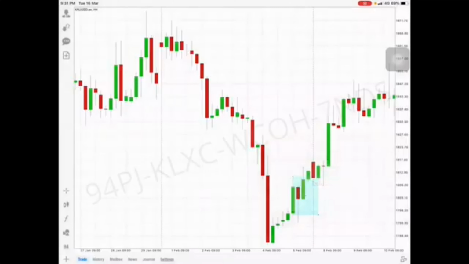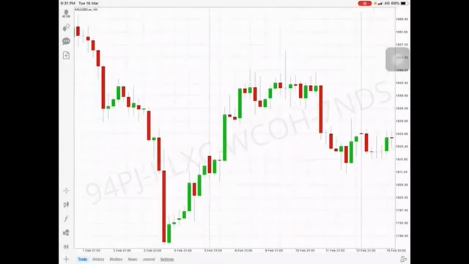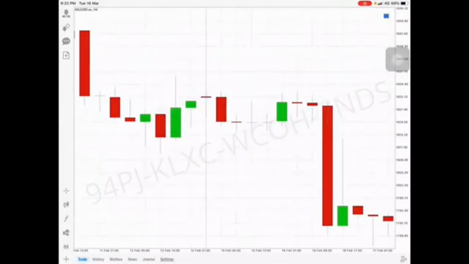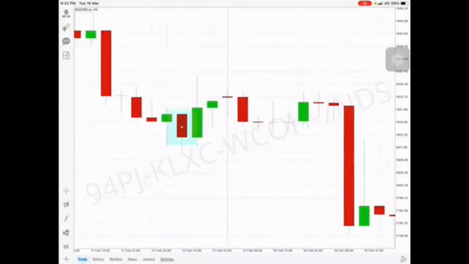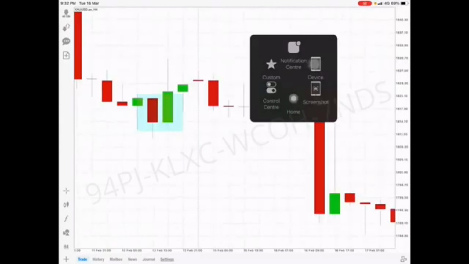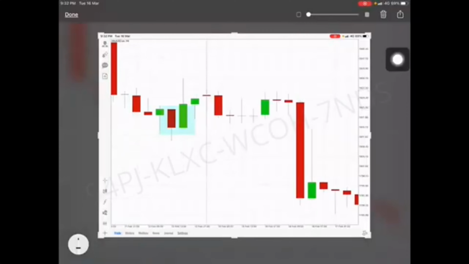All right, so for example, look at this one. Look what happened to it. This is another engulfing sell, right? So what are we looking for at this zone, sell or buy? Sell.